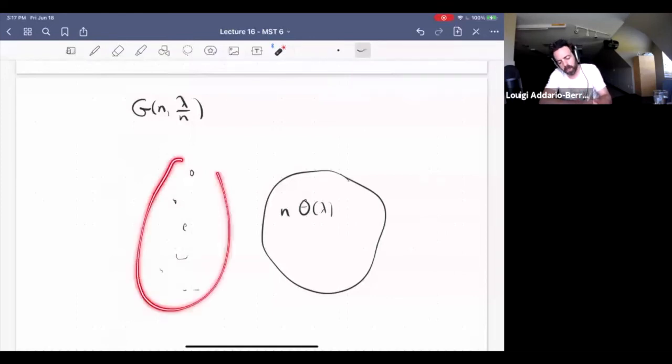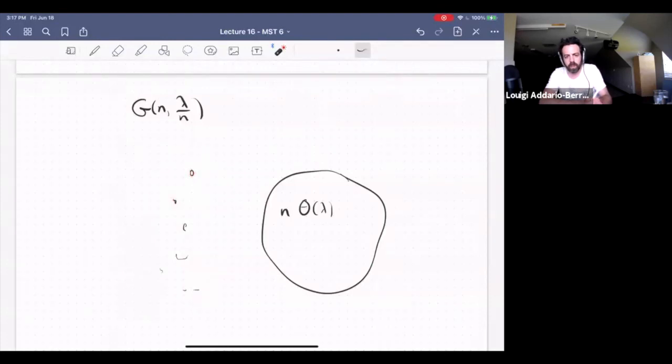Effectively, because everything aside from the big component is really small, the only way for both endpoints to land in the same component is for them both to land in the big component, or at least that's the overwhelmingly most likely way for a random edge to have both endpoints in the same component. So the probability that an edge that comes along around this time doesn't contribute to the minimum spanning tree is roughly just the probability both of its endpoints fall in the giant component, which is theta lambda squared.